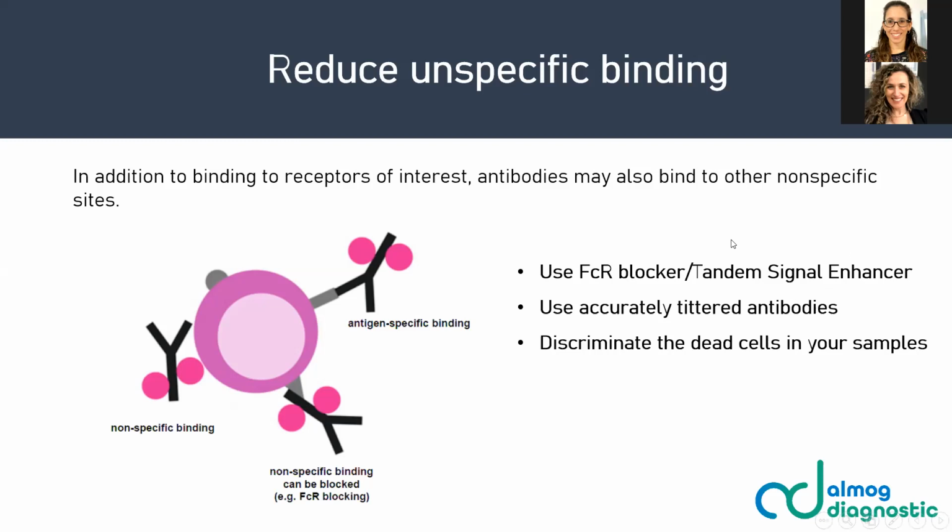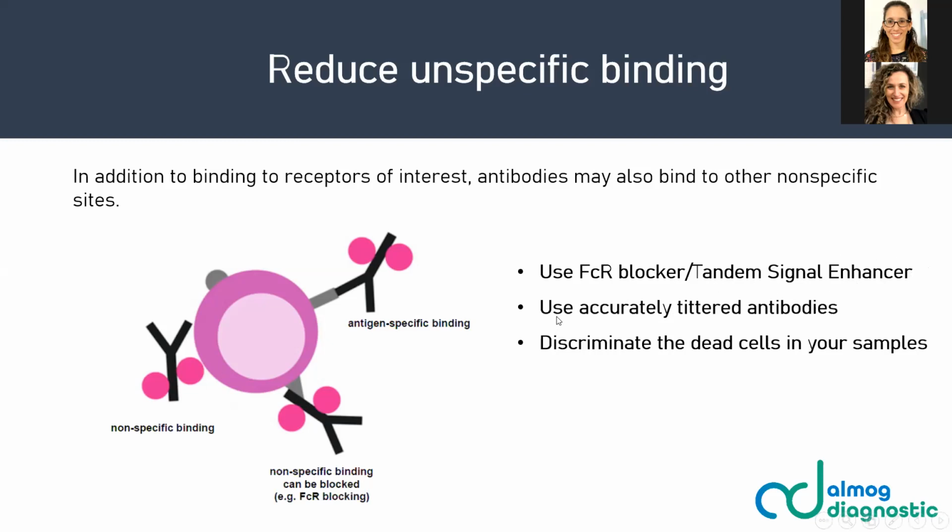The Tandem Signal Enhancer is an FcR blocking reagent, which will specifically block also the special Fc receptors that bind the tandem dyes. So when you choose to use Tandem Signal Enhancer, you do not need to use any other FcR blocking reagent because it blocks all the Fc receptors.